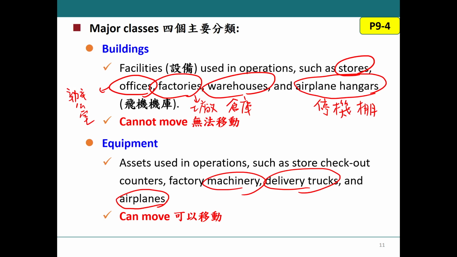Also, I mentioned before, equipment versus supplies. What's the difference?